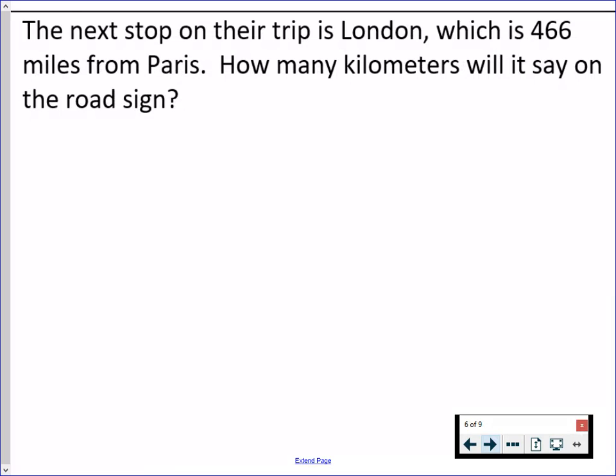Next step on their trip is London. They calculated when they were in Albertville, they calculated their trip for 466 miles. But now that they are in Paris, they need to change that to kilometers.